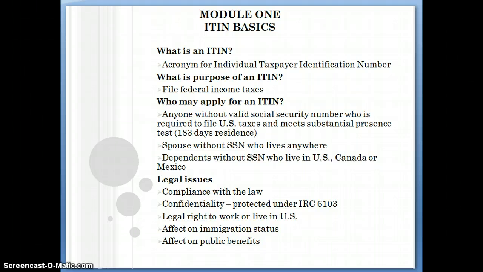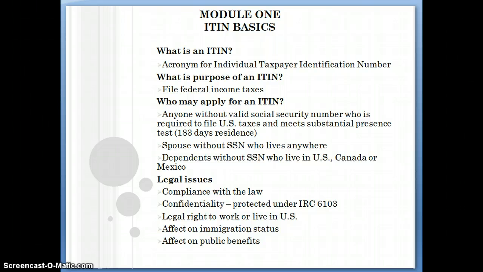Who can apply for an ITIN? Anyone who's required to file a U.S. tax return but is not eligible for a Social Security number may apply. In addition, a spouse or dependent who is not eligible for a Social Security number may apply for an ITIN.